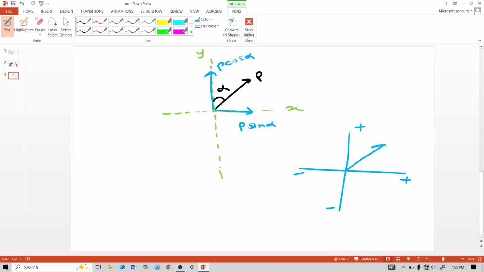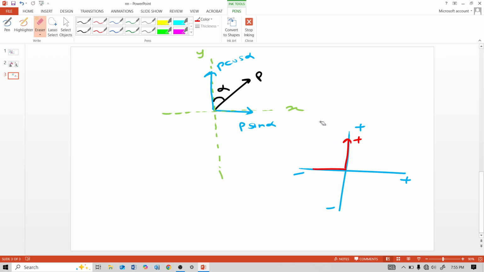So if your force is like this, and you resolve it like this, then this force will come positive, this force will come positive. Or if your force is like this, P, then this vertical force is positive and this force will be negative.